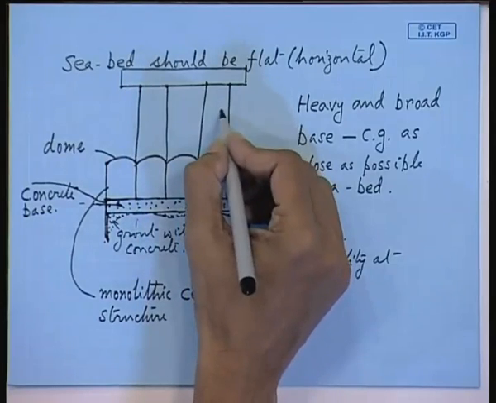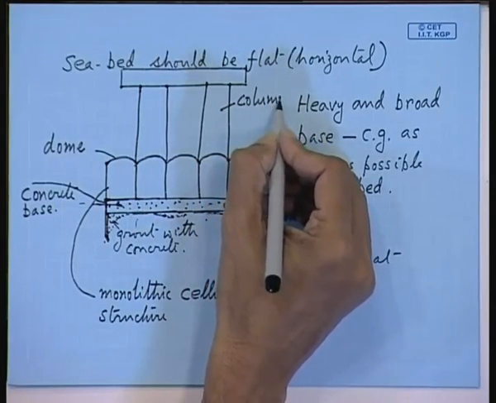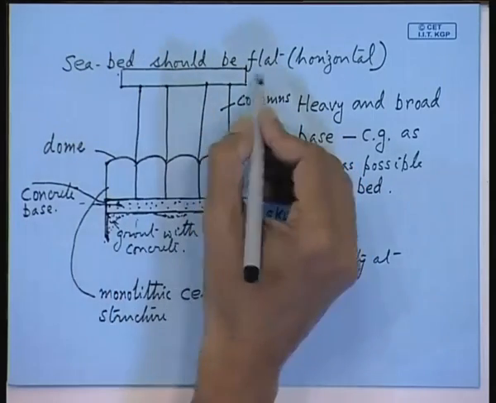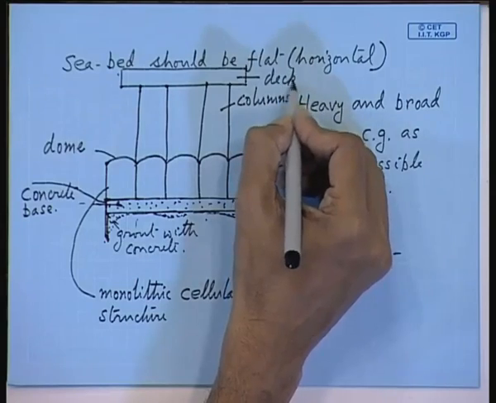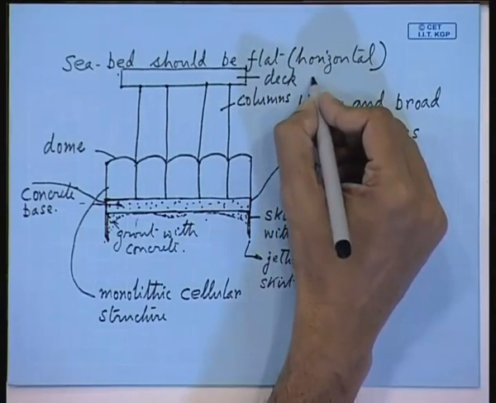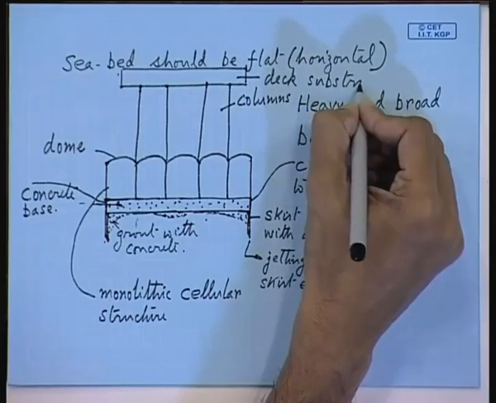So this is your columns, and this is called your deck substructure. Substructure means below the actual deck. So this is how it is built.